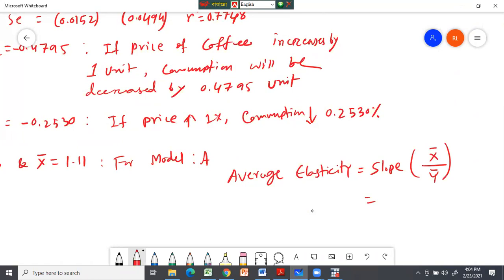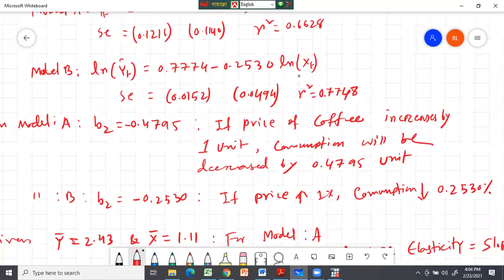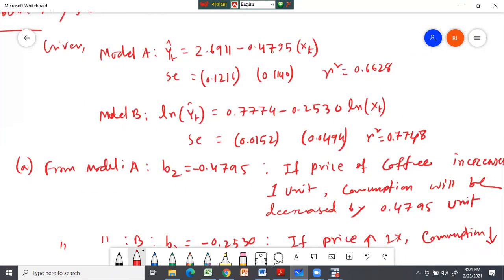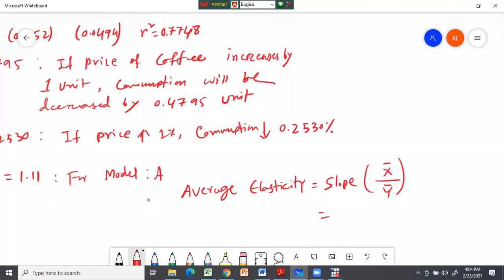From model A, what was the slope coefficient? It is given here, model A slope coefficient is minus 0.4795. X bar is given as 1.1, and Y bar is given as 2.43.